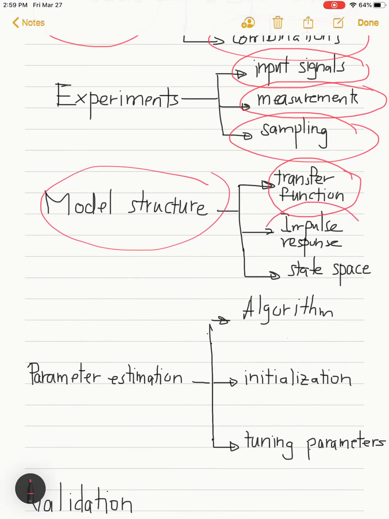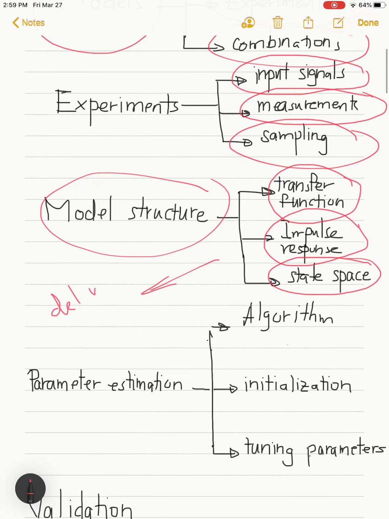We could also represent the relation between the input and the output using the impulse response of the system, or using state space models. Of course, we have to decide whether we are going to deal with a deterministic model or stochastic.